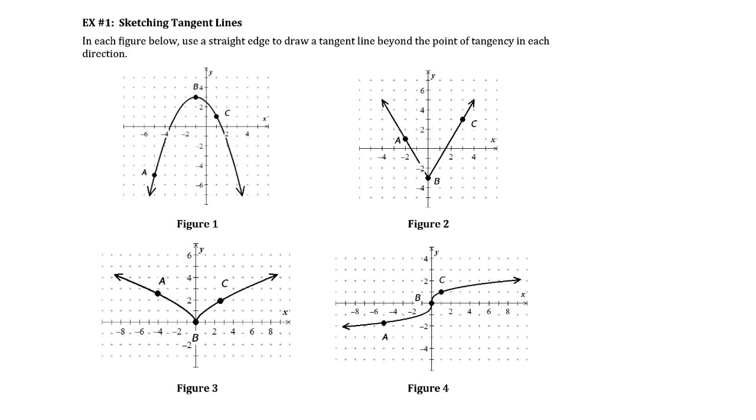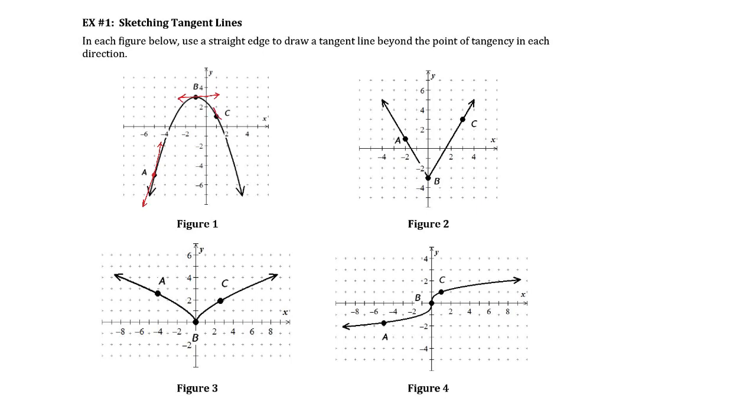So drawing in these tangent lines, the whole point of this is for us to keep in mind that when we draw our tangent lines, we are only intersecting the graph in at most one point. Notice that there are several different types of tangent lines here.